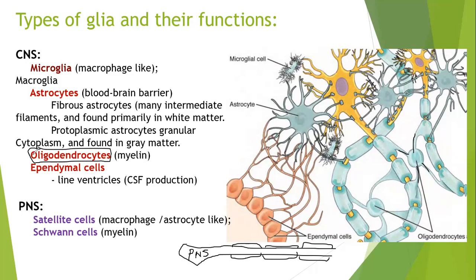Let's go to the brain tissue. What I'm showing you here is the cell body of one neuron. It has an axon extending this way. Now you will find the first part forming the myelin sheath may be a cytoplasmic extension of one oligodendrocyte.